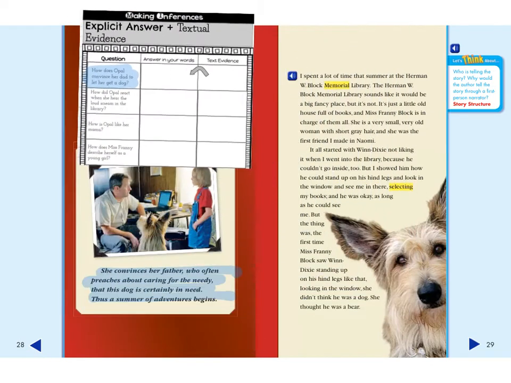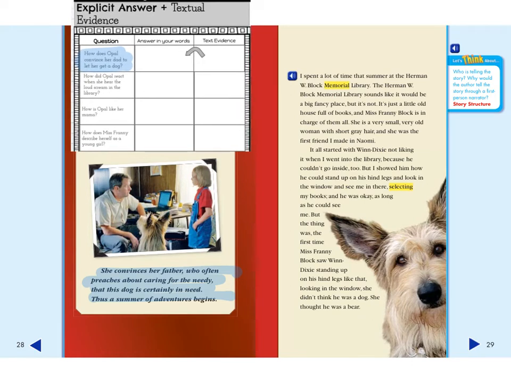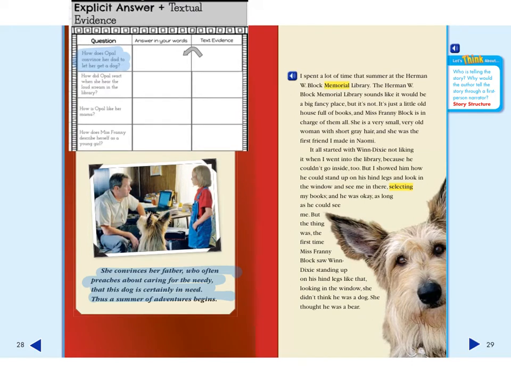Well, growing readers go back to the text, and I'm noticing right underneath this photograph it says she convinces her father, who often preaches about caring for the needy, that this dog is certainly in need. Oh my goodness. So I'm thinking Opal convinces her dad to get a dog by convincing him that Winn-Dixie is needy, and since he always preaches about caring for the needy, then he should practice what he preaches. And that text evidence is already highlighted there for you.